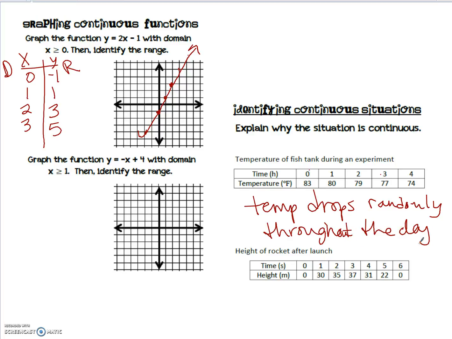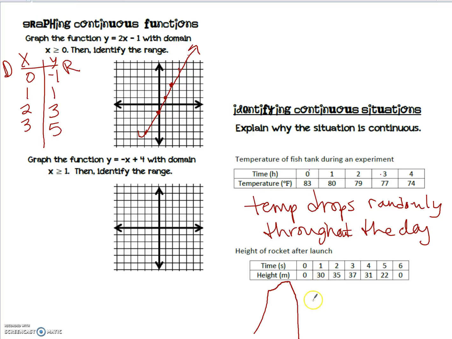Okay, so let's think about the height of a rocket after a launch. Notice at the very beginning when you launch, it's going to shoot up. So think about your graph. It shoots up, and then it just kind of goes up a little bit at a time. And then, of course, a rocket is going to have to fall back down. So just think about that and explain it.